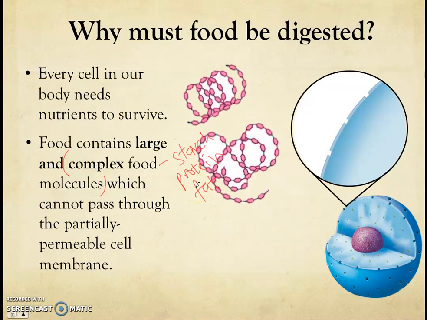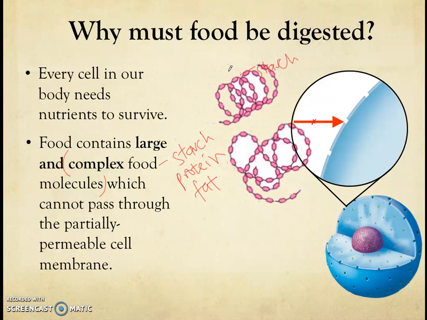So here's a diagram of some food. In fact, this diagram represents starch. You can see that it's made up of many repeating units of glucose. And starch is such a large and complex food molecule that it cannot pass through the cell membrane. It is far too big.